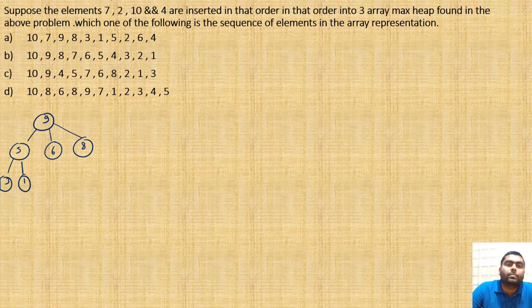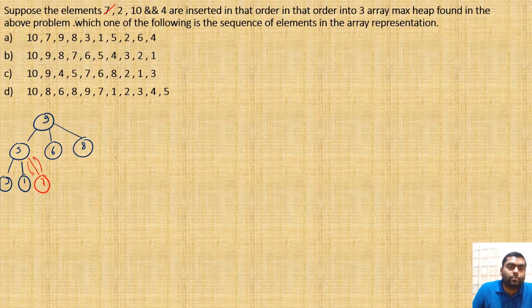So 7 must be inserted. Where is 7? 7 is this. If you insert 7, what is the problem? It is not a max heap, right? So one swap is required.